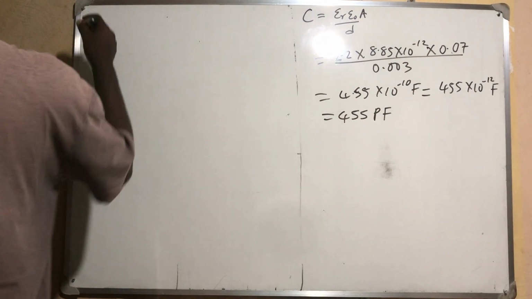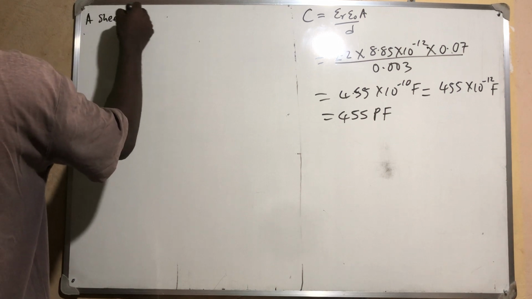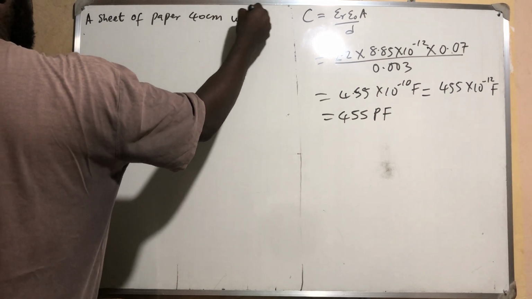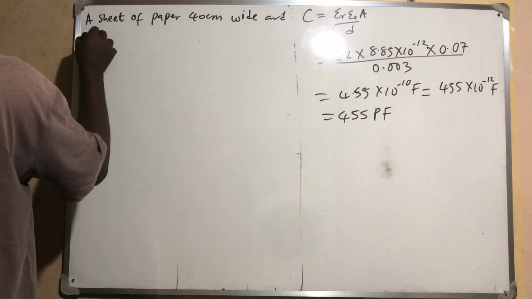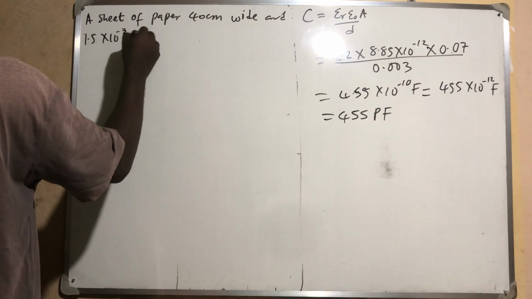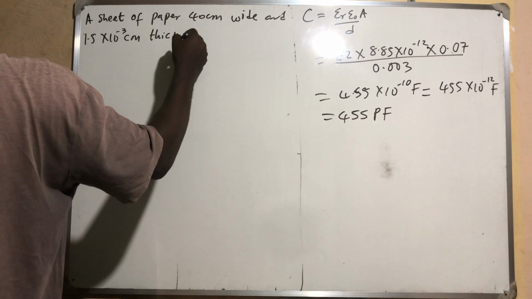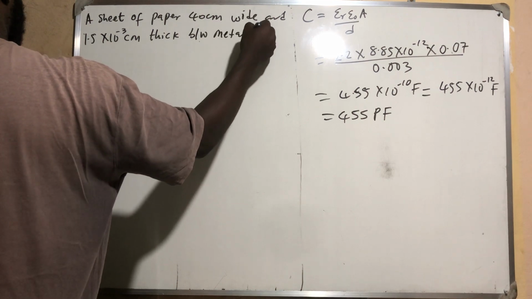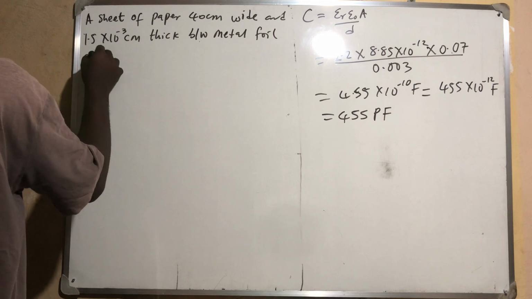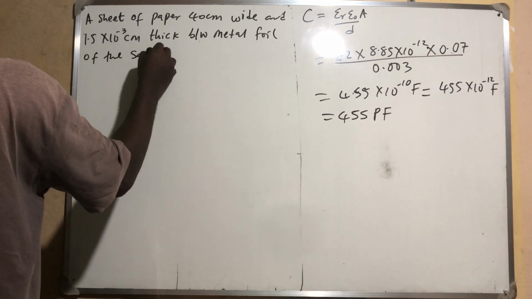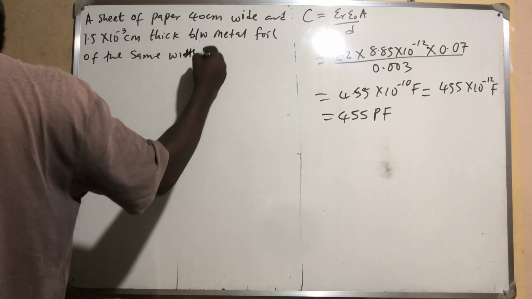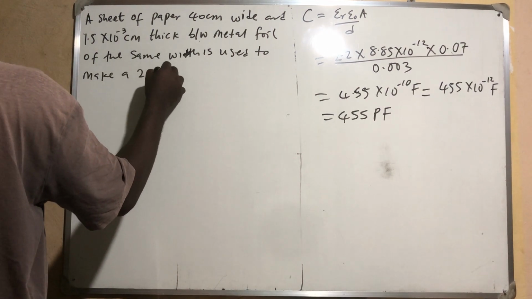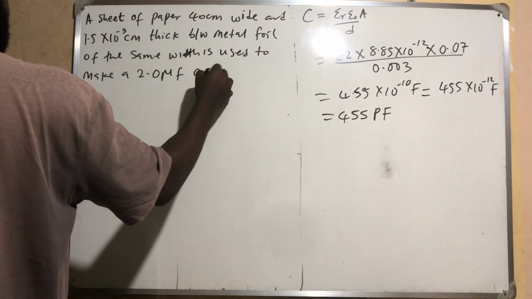The next question said a sheet of paper 40 cm wide and 1.5 times 10 raised to the power minus 3 cm thick, between metal foil of the same width, is used to make a 2.0 microfarad capacitor.